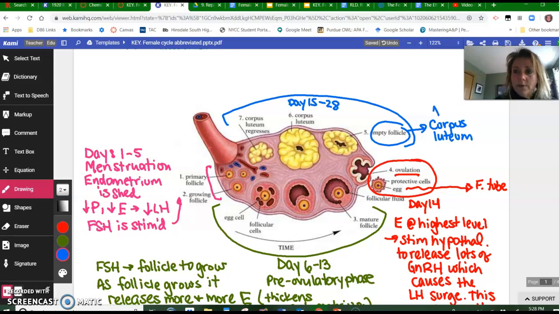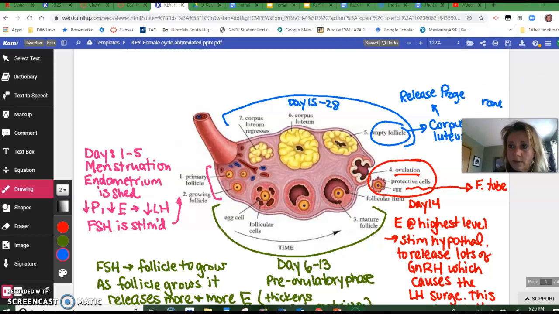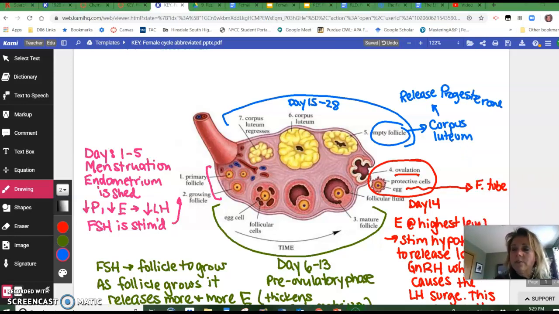And the corpus luteum is going to release progesterone. And that progesterone is going to maintain, I'll put this in parentheses because again, we're not looking at the uterus, but it's happening at the same time.